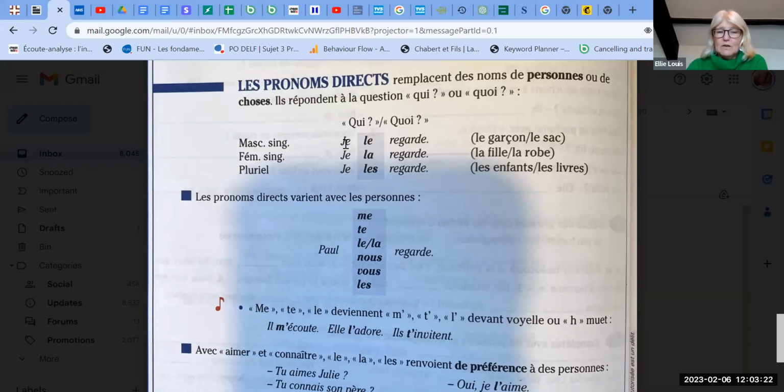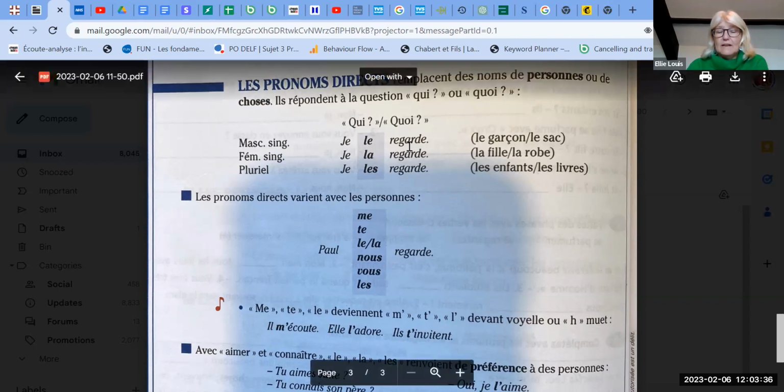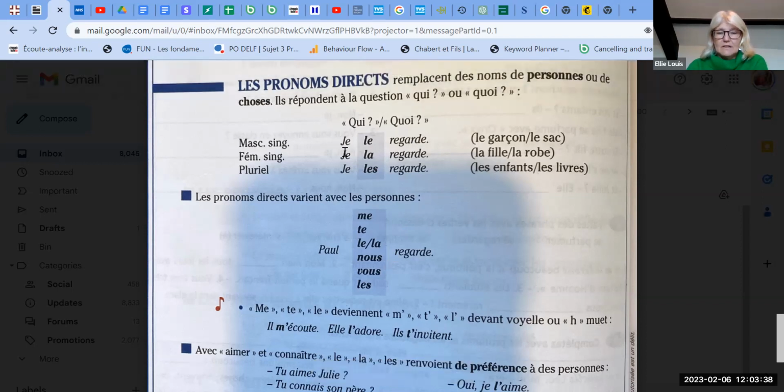I'm looking at you, je te regarde. But then if I'm looking at him or her or it, je le regarde, je la regarde. There you go. If it was nous, it would be je nous regarde, I'm looking at us. Je vous regarde, I'm looking at you. And then je les regarde.